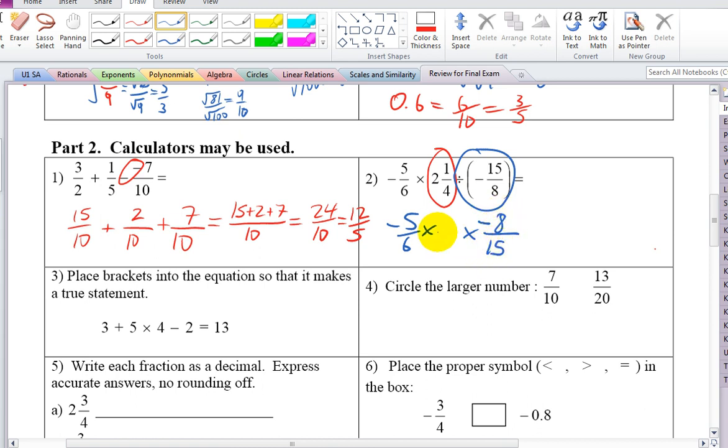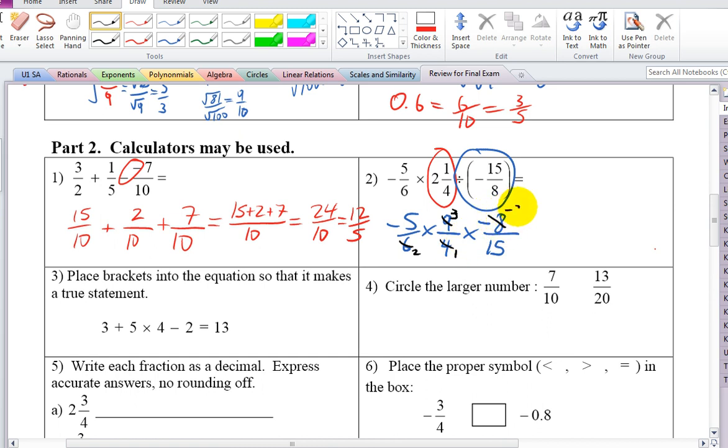What does 2 1/4 convert to? 9 over 4. Okay. Now before we multiply, what should we look to do? Cancel. Okay. 6 and 9, can you cancel that at all? 2 and 3. Go for it. What about negative 8 and 4? Yeah, divide by 4 and get 1 and negative 2.